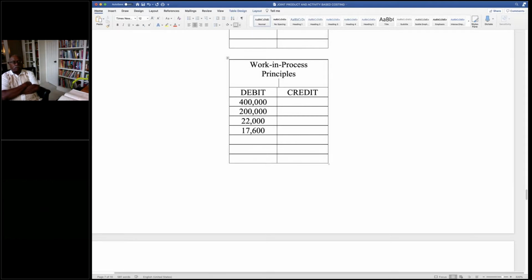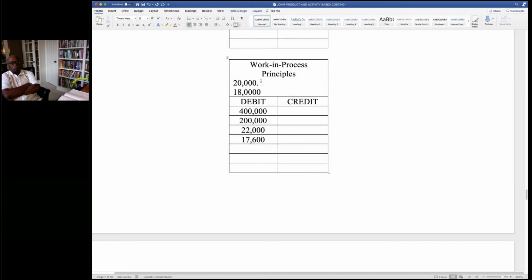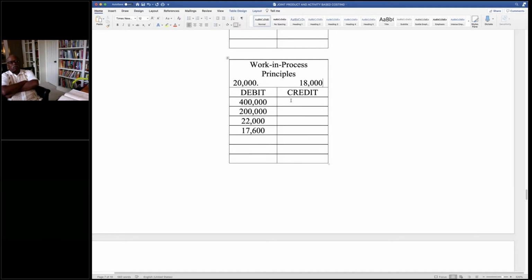To find that, we would go to where we got the other numbers that he gave us, and it shows that they completed 18,000 books. So they were supposed to make 20,000 and completed 18,000, which is 80% of the amount they were supposed to. So we compare the debit to the credit side at 80%.